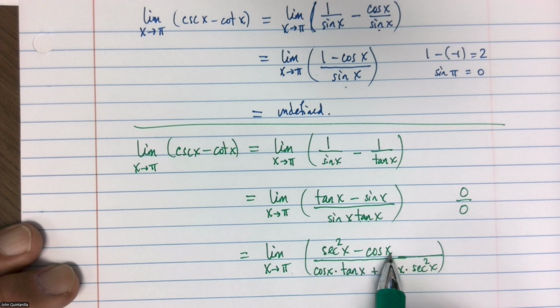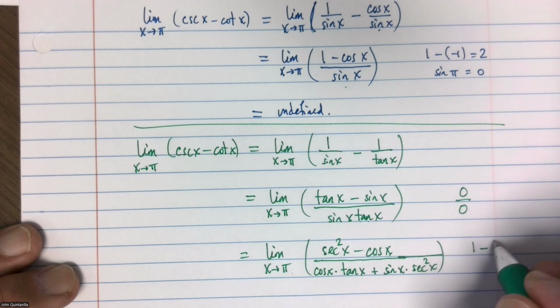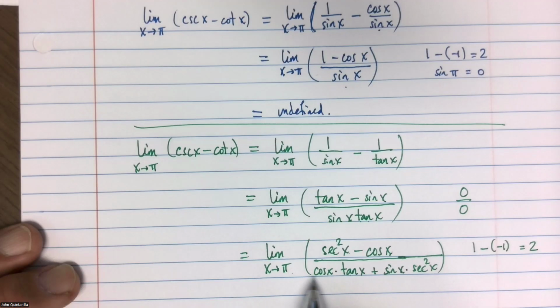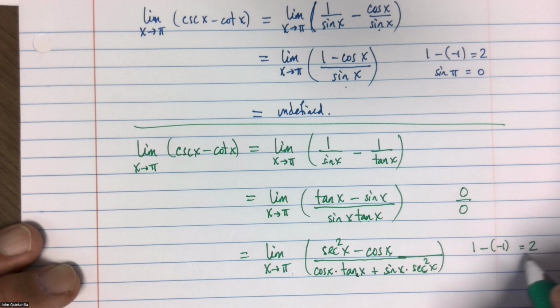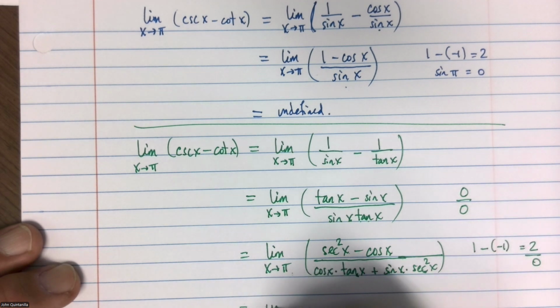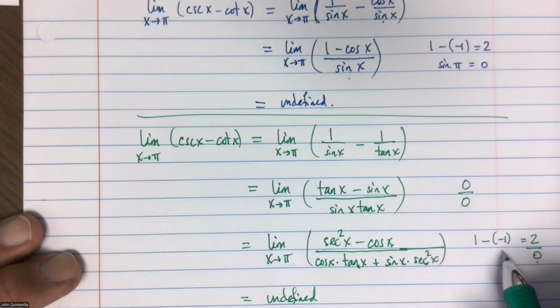Cosine of pi is equal to -1. So on top, we have 1 minus -1, which is equal to 2. On the bottom, if you plug in pi, we get 0 here. We also get a 0 here, and so we get 2 over 0 again. And so this again will be undefined because you can't have 2 divided by 0. That does not make sense.